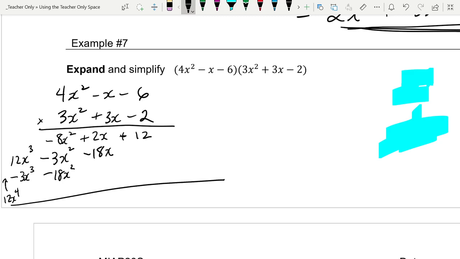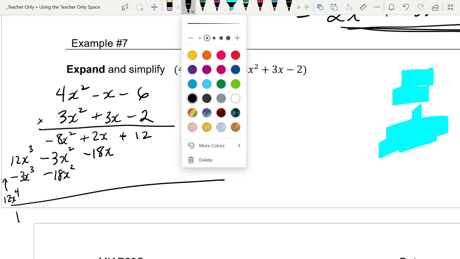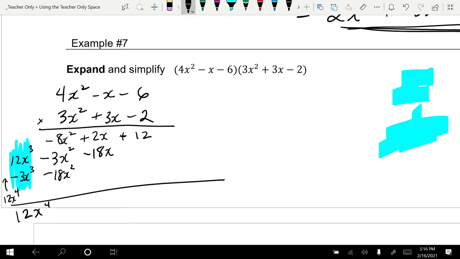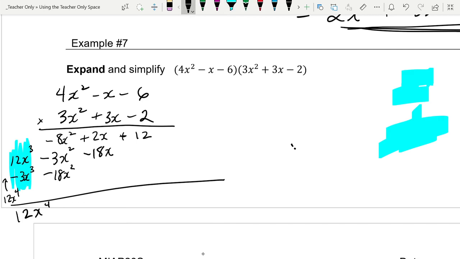And then I add all this together, just like I do with numbers. Okay, the 12x to the 4 doesn't have anything to play with. It's not going to combine with anything. There's no like terms for that. So that's just 12x to the 4. But here, in this column, you add together columns, right? In this column, what's 12x cubed minus 3x cubed? 12 minus 3? 9x cubed.